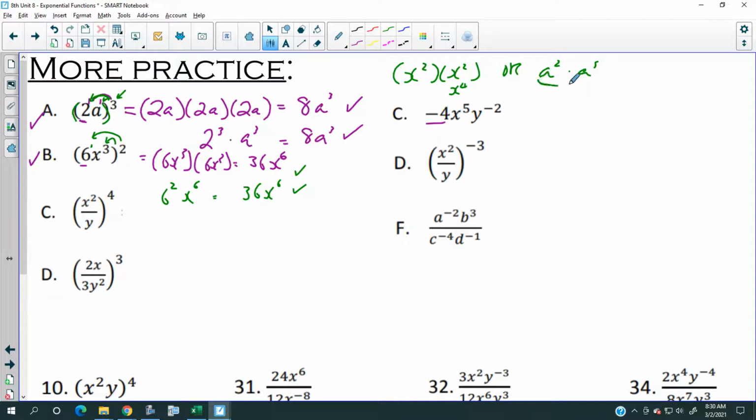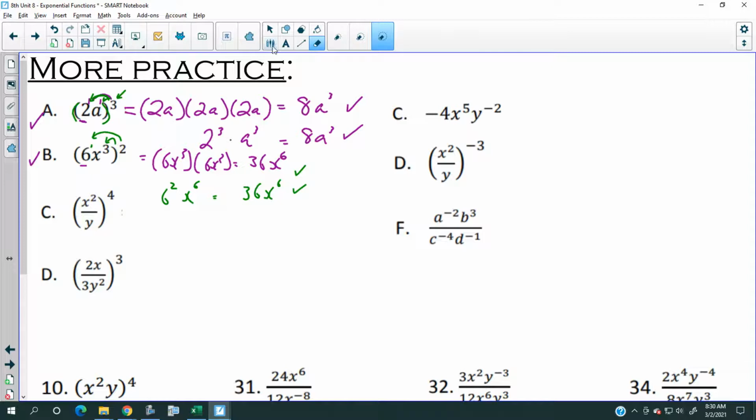Even though we're multiplying here, we're really adding the exponents. Whereas with an exponent outside a parentheses, we're distributing, so we're multiplying, not adding. Hopefully that clarified it. I'm going to erase this.